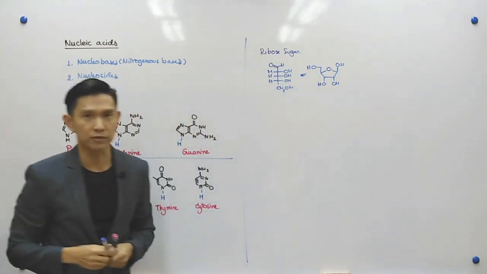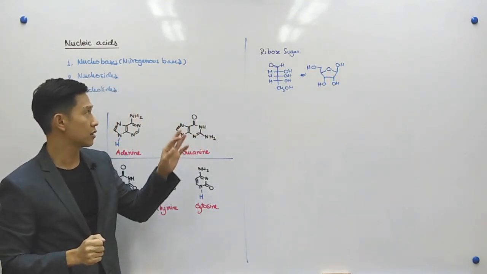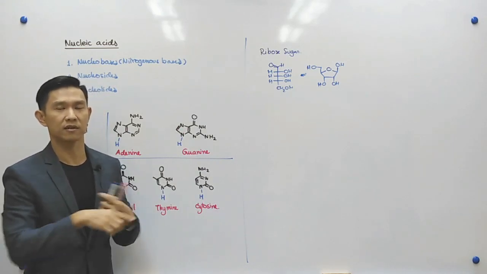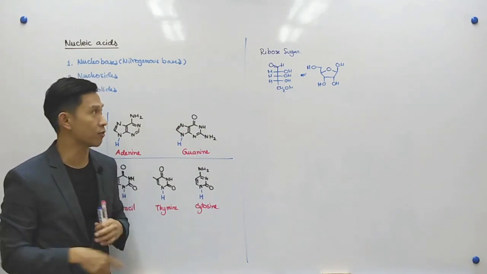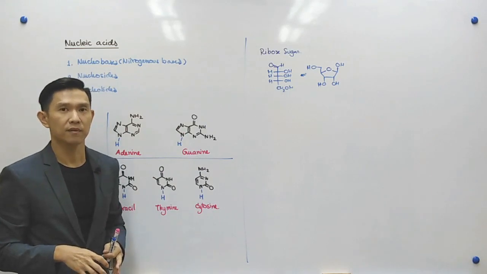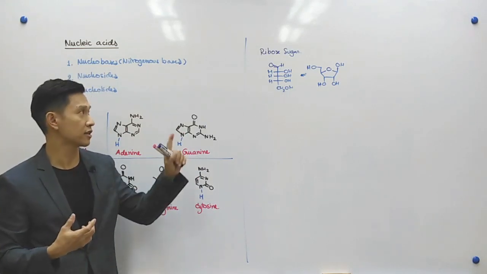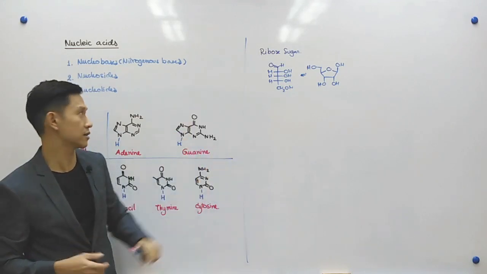This is the 5-membered ring structure of ribose. Ribose sugar can also form a 6-membered ring, but in nature the most stable form is the 5-membered ring, the pentagon over here.